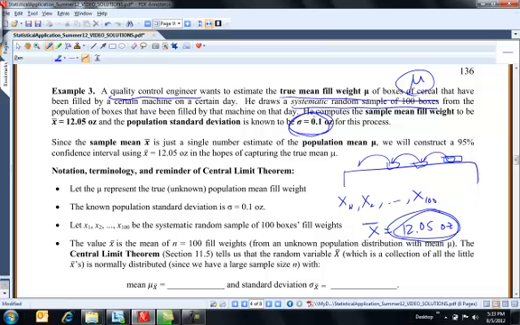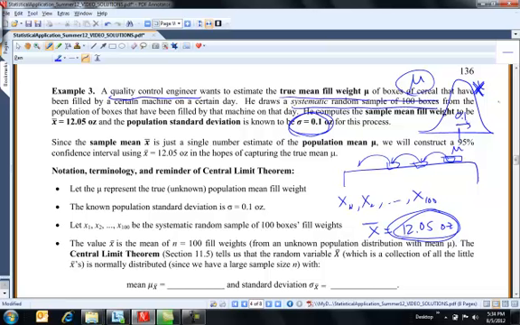In other words, I don't know what the mean is, but I know it comes from a distribution with some mean mu and a standard deviation per box of 0.1. So this is what an individual box X looks like. It has this distribution associated with it.